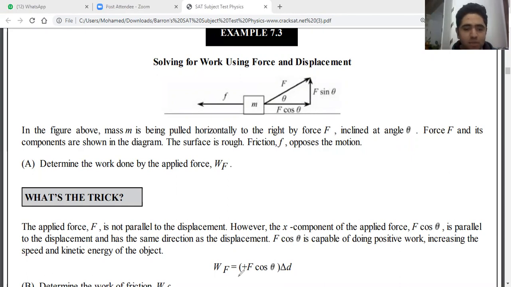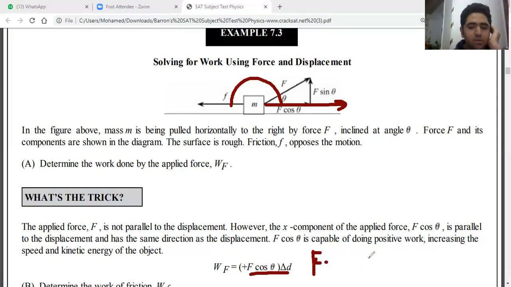So that is F cosine theta multiplied by the distance. So we're going to say this is the distance going right, and where's the force? And so the angle between the distance and the force is 180. And so you're going to say F cosine of 180 is -1.